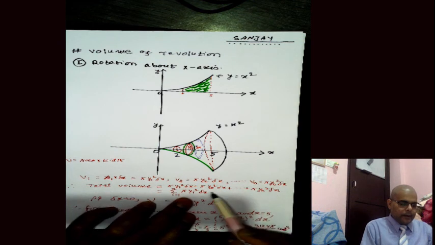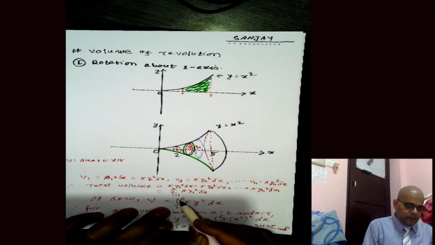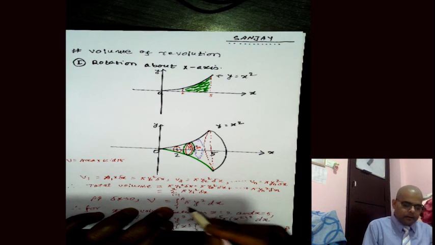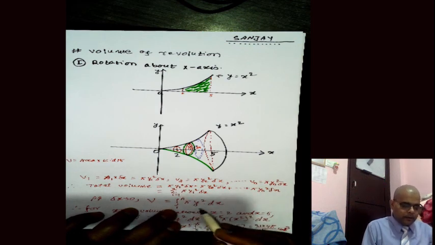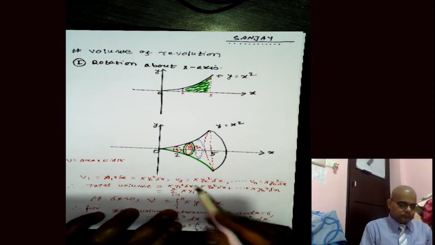So here the sum is replaced by the sign of integration, and you integrate this function over the range of x.